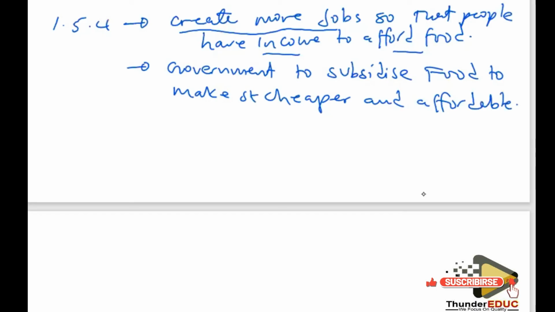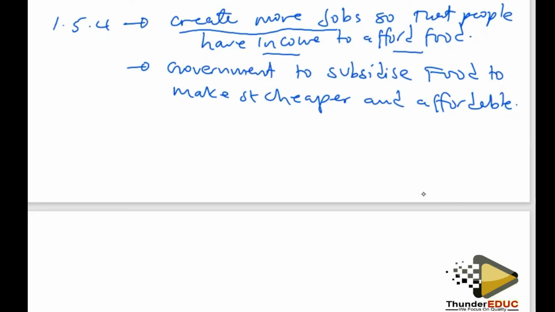So that is one way, where the government pays a certain percentage to the producers so that the food doesn't seem to be expensive. That is why in South Africa in particular, food is a bit cheaper as compared to other countries, because the government does subsidize or pay a certain percentage to the producers.